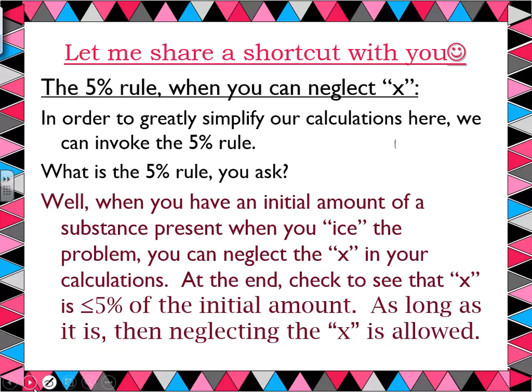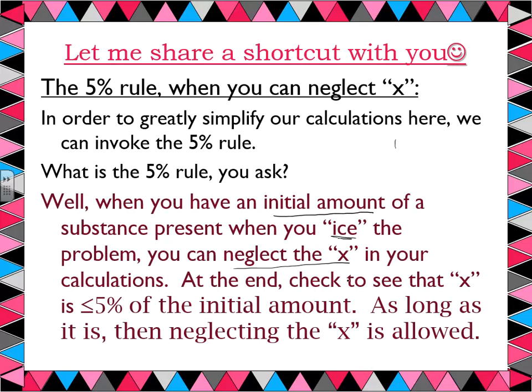The 5% rule applies when you have an initial amount of the substance present when you ice your problem. If underneath that in the change row there's an X, you can actually neglect the value for X because it's going to be so small with these weak acid and weak base problems.